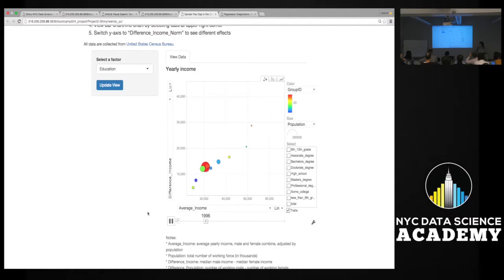We can see the incomes are getting higher, and so are the differences. I believe it'll stop at 2014. So what you can see here is the difference is getting greater as the income gets greater.